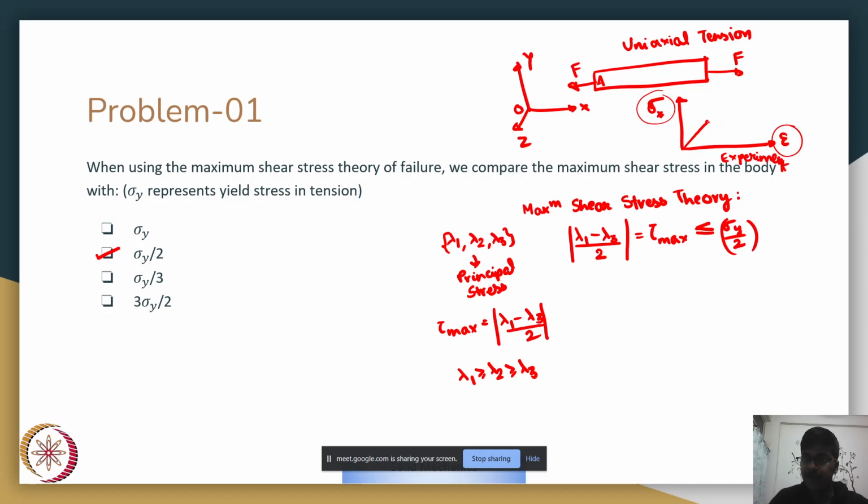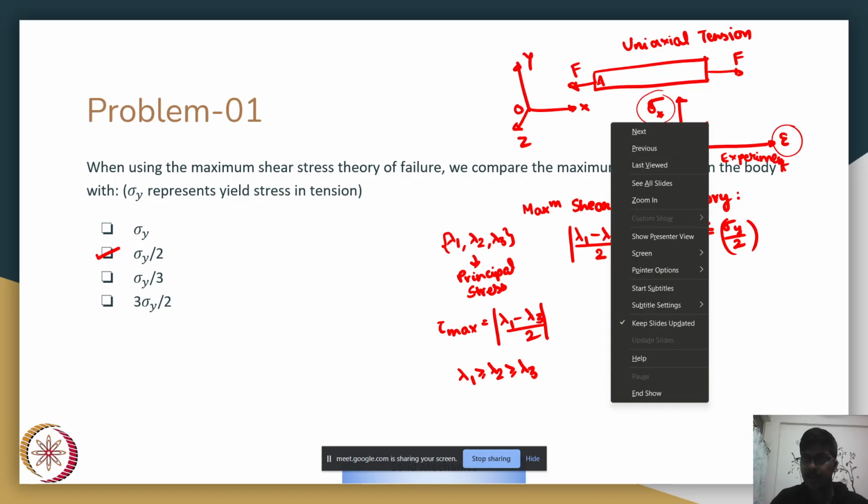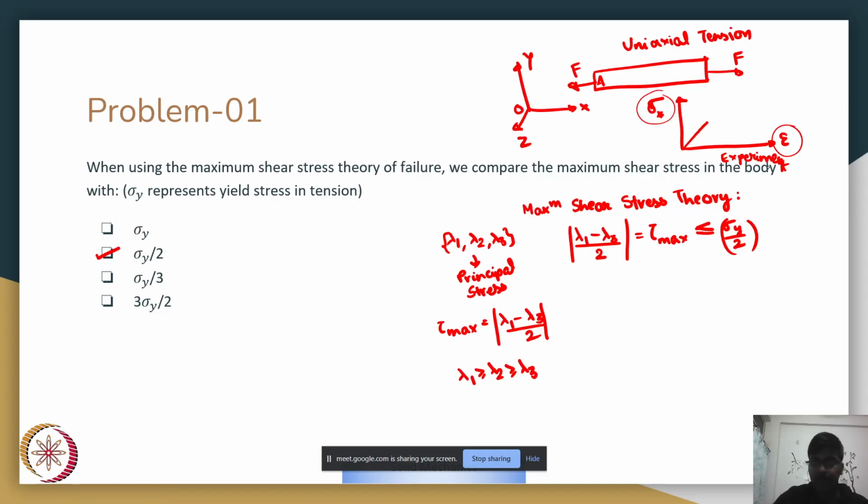And then after a particular point, which I'm calling epsilon L, marking the limit of linear strain, this whole thing becomes non-linear and it reaches a point called the yield stress, sigma y.